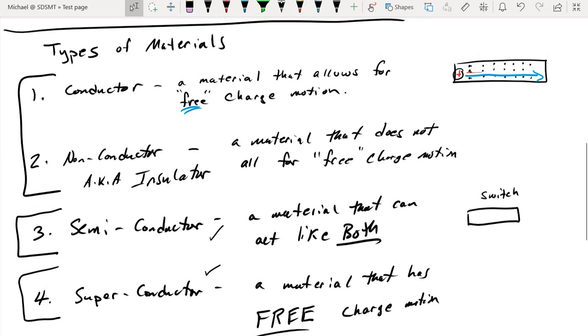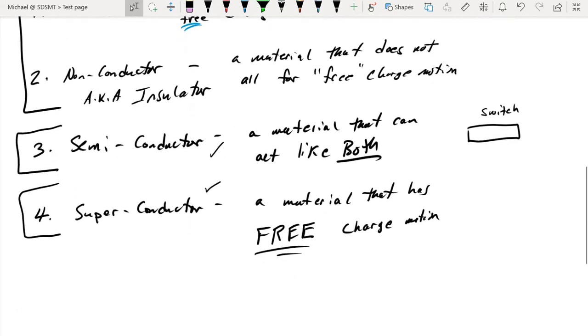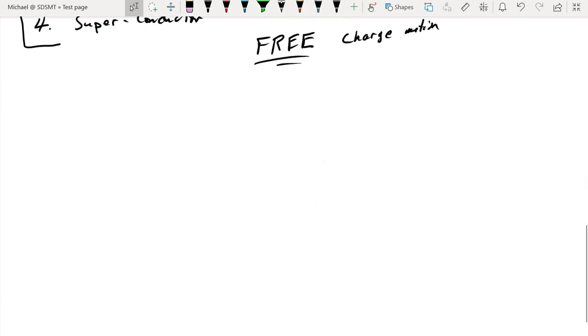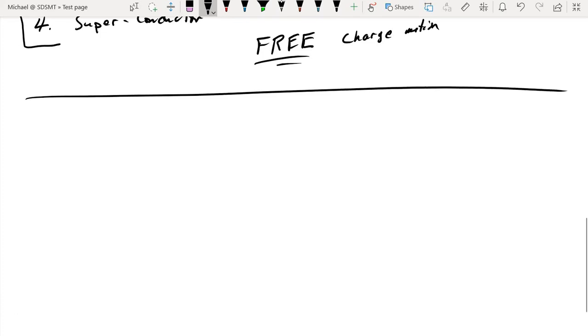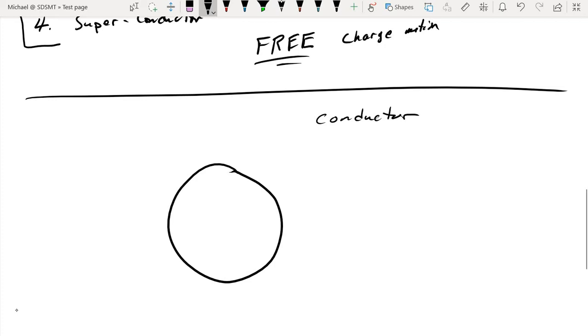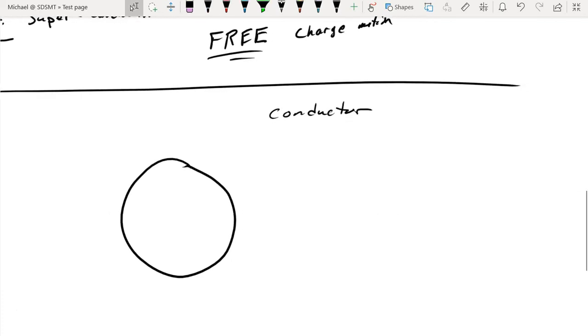Whereas with the conductor and the non-conductors, we either have charge that's moving or we don't. So it's basically a binary case scenario for us. So with the conducting materials, if I have a sphere that is made of a conducting material, then any excess charge that I place on that conductor can move freely, in quotations.